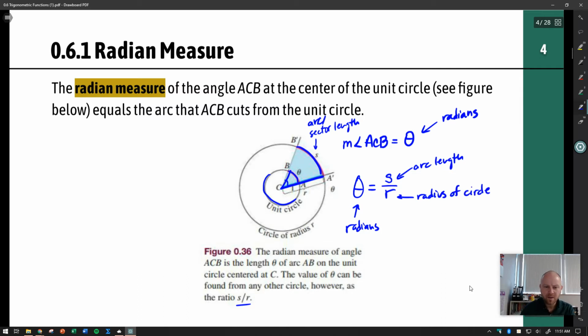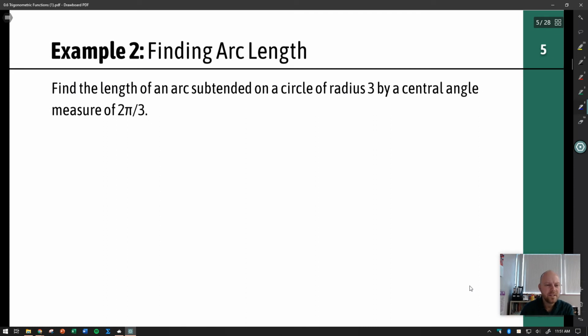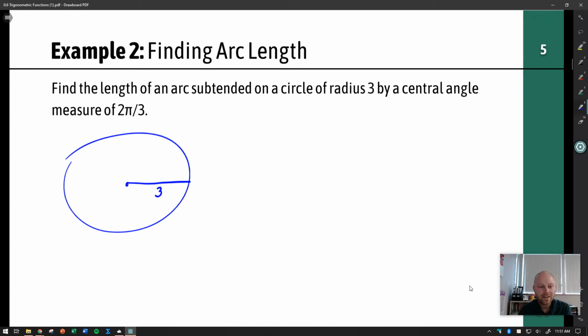Okay, so with that in mind, here's an example that uses this. Find the length of an arc subtended on a circle of radius 3 by a central angle measure of 2 pi over 3. So here's a diagram. Here's the center of this circle. The radius is 3. And we want to look at an angle measure of 2 pi over 3.